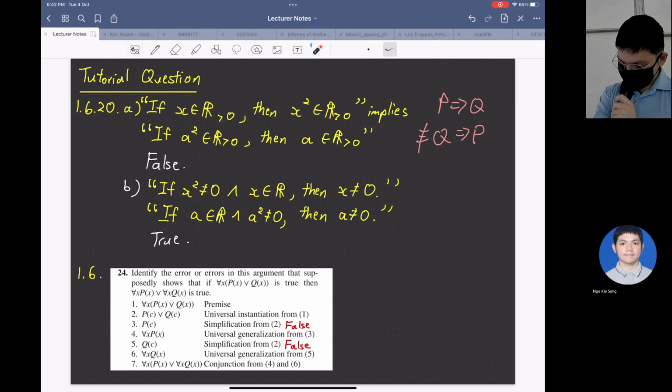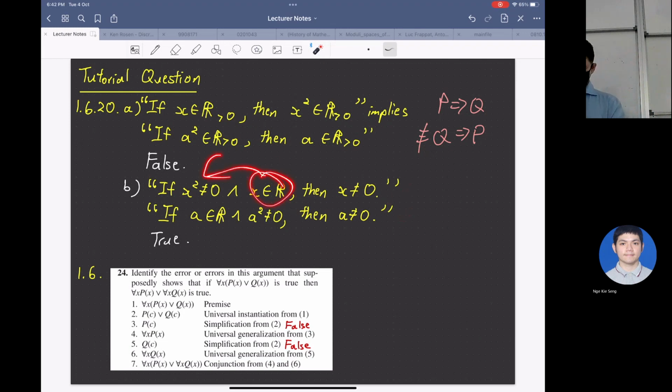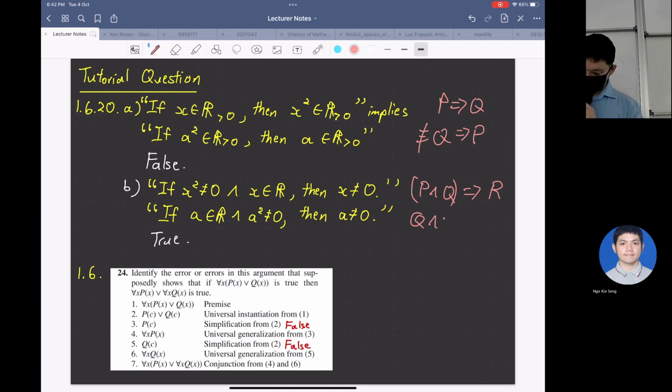Oh no, they are exactly the same thing, right? So just swap these two. I thought it was some contrapositive, but it's just P and Q implies R, and Q and P implies R. Okay, commutativity.